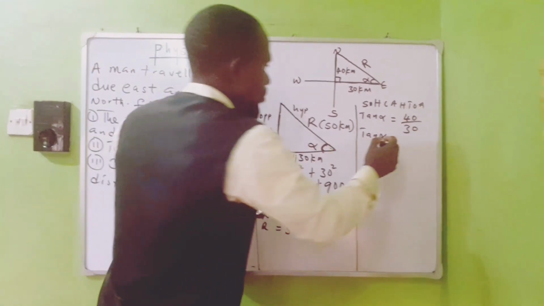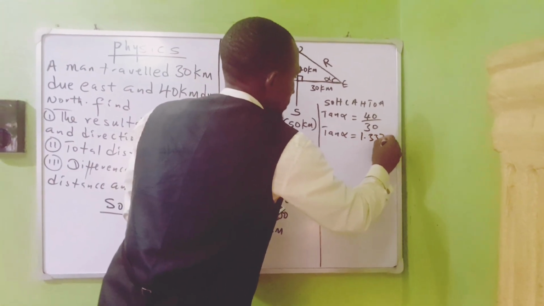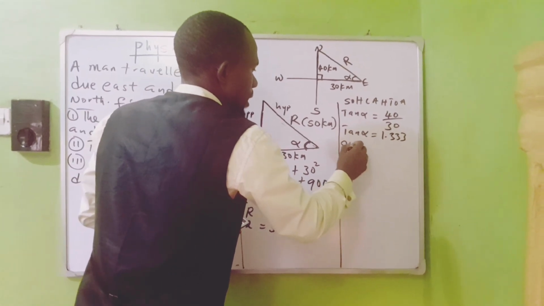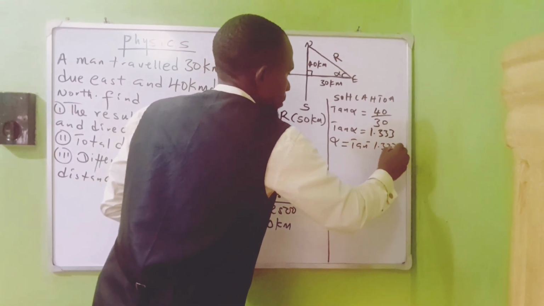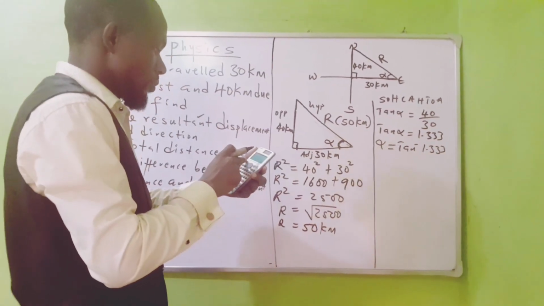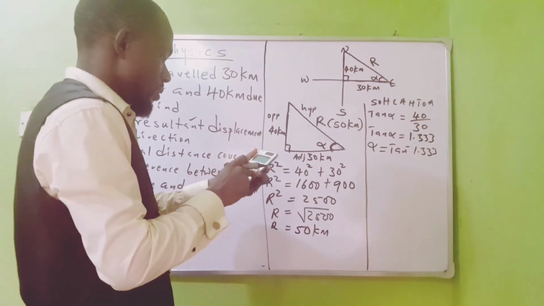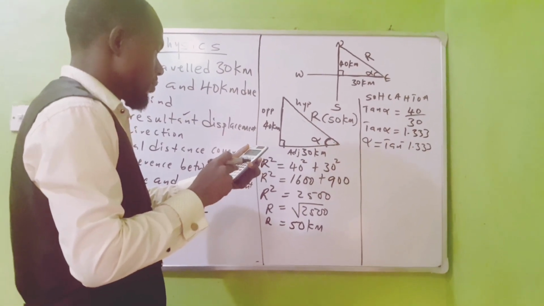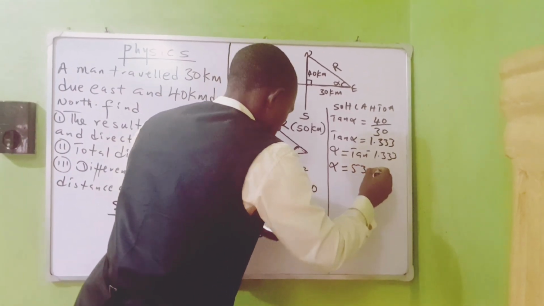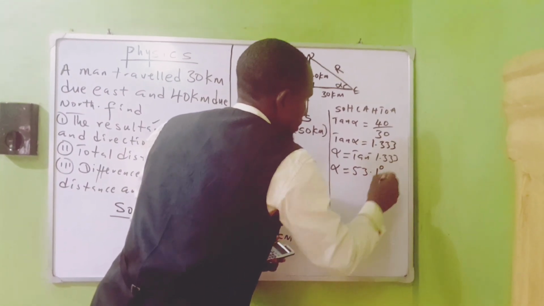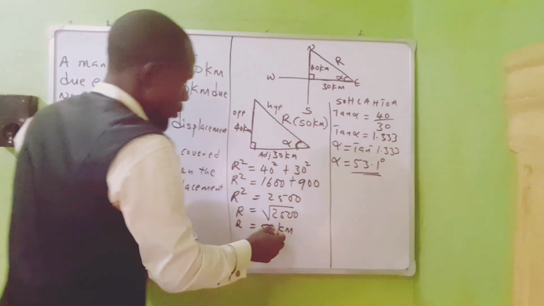I will have 1.333. So my alpha is equal to tan inverse of 1.333. So I shift tan inverse of my answer. So my alpha now is 53.1 degrees. So I'm done with this as well.